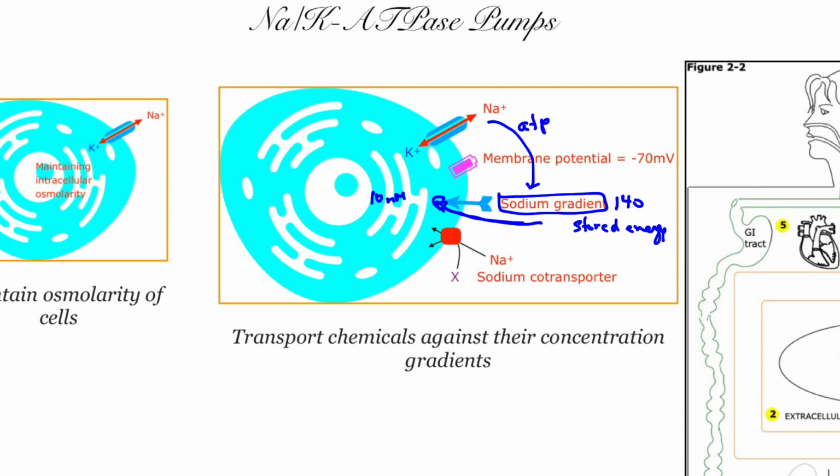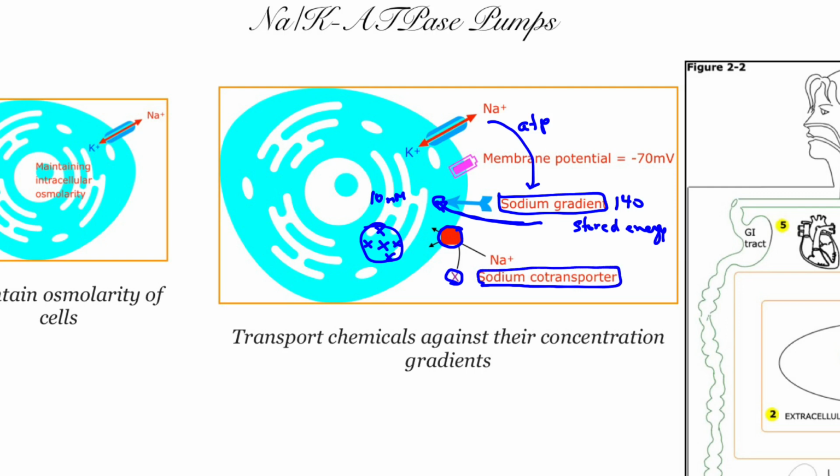So let's say the cell has a lot of chemical X inside, but there's very little X outside the cell, and the cell wants this chemical X, whatever it is. How is it going to do that? One way is to use transport proteins called sodium co-transporters.